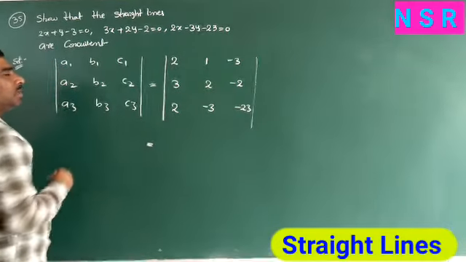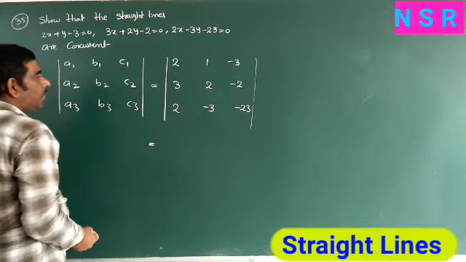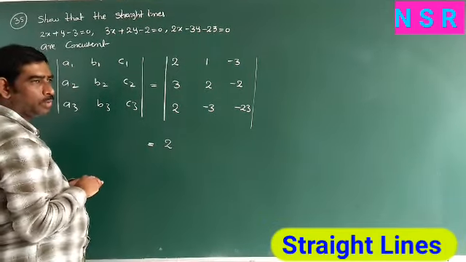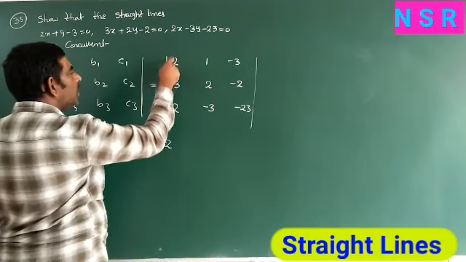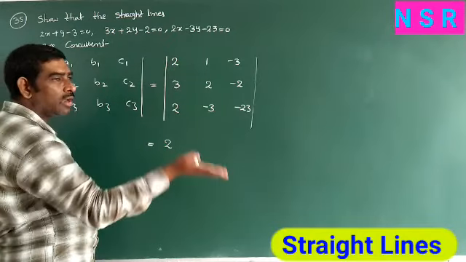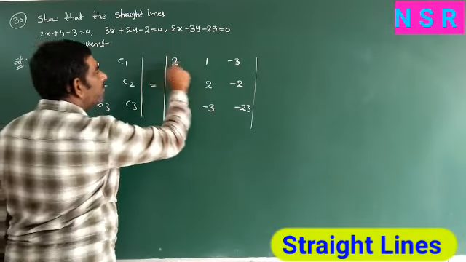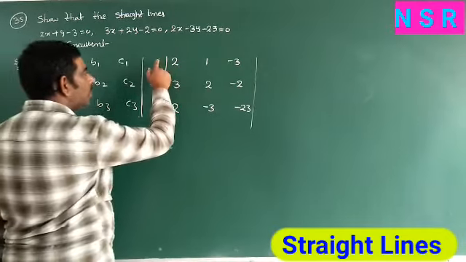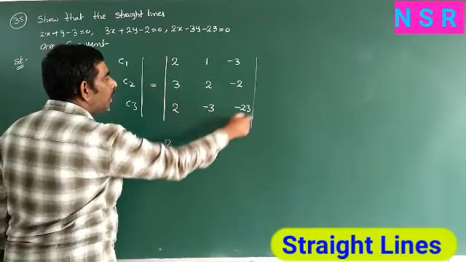This concept we also use in matrices. So how to find this determinant value? Write the first element, 2. Write the first row, first column element and remove the row and column in which this element is present. These are present in the first row and first column, remove them. Removing the first row and first column, we get 4 elements.